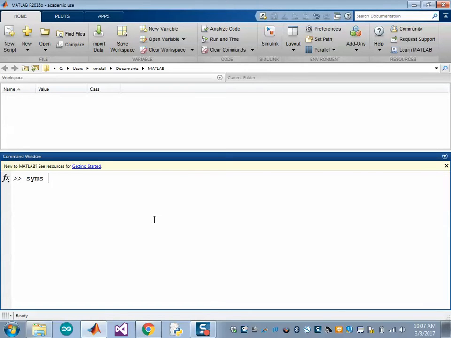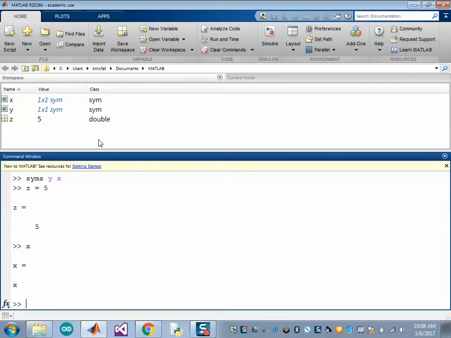Okay? And we can say, for example, I want to have y and x be symbolic variables. And what you'll notice is now x and y exist, but they do not have a data type that you're used to seeing. It's not a double like a normal x and y would be. Like if I say z is equal to 5, z becomes a double. But x and y are symbolic data types. So if I just type x, it's just x. x is equal to x.